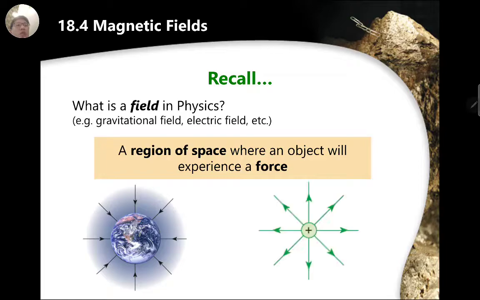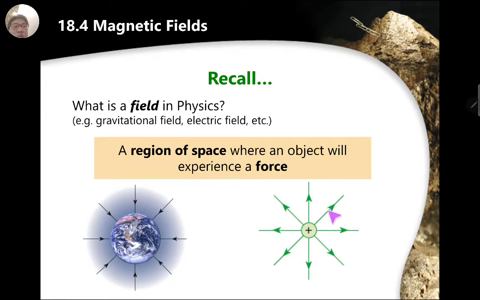So that's gravitational field. We also know of electric field, which we just talked about recently, so it should be fresher in your mind. You should be able to know how to draw this field pattern around a positive charge, and what the field lines represent in this case. It is also a region of space where an object will experience a force, but specifically what type of object? For electric field, it is an electrically charged object. And in fact, even more specifically, it's a positive test charge, right? A small positive test charge.